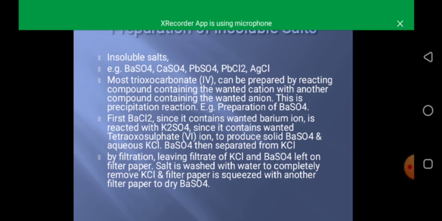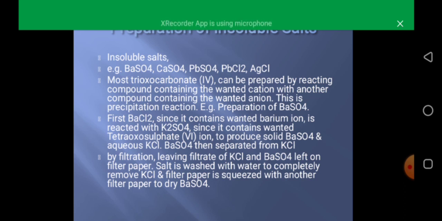Barium sulfate is separated from calcium chloride by filtration, leaving the filtrate of calcium chloride and barium sulfate left on the filter paper.